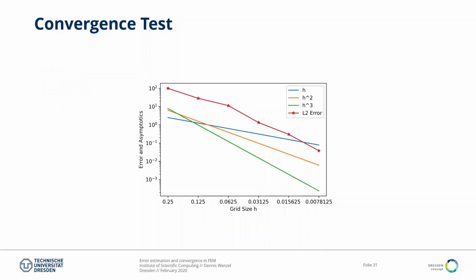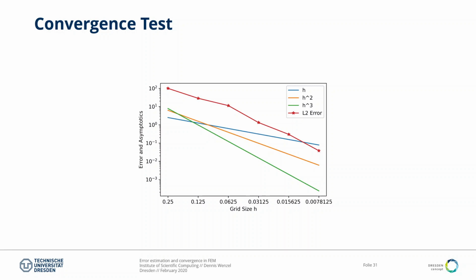So the red line is the L2 error for my grid sizes that you see printed down here on the x-axis, and on the y-axis I'm using this logarithmic scaling that I've mentioned, and those colored lines, they are asymptotics. So the blue line is following an h-asymptotic, relatively flat behavior, then the yellow line is an h-square asymptotic going a bit steeper, and then the h3 asymptotic is a very fast error decay that's going down even further.